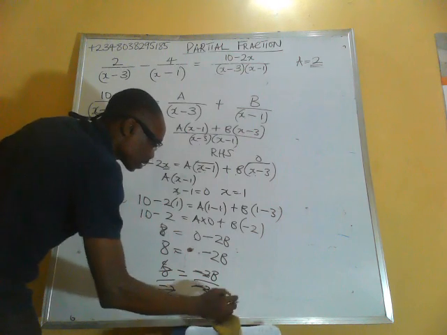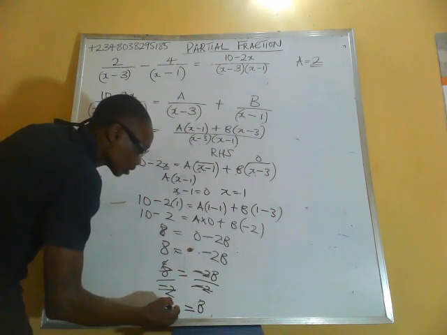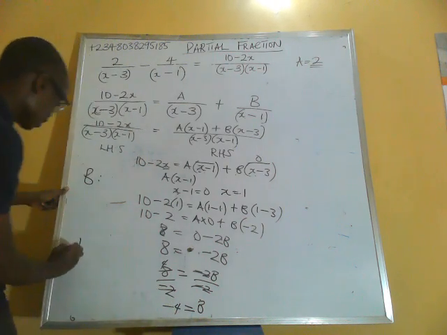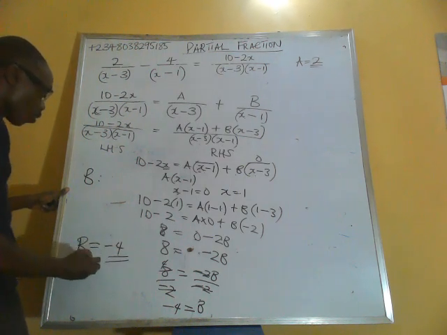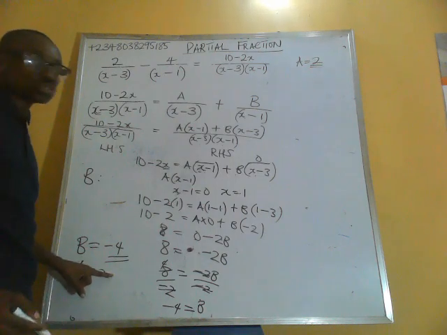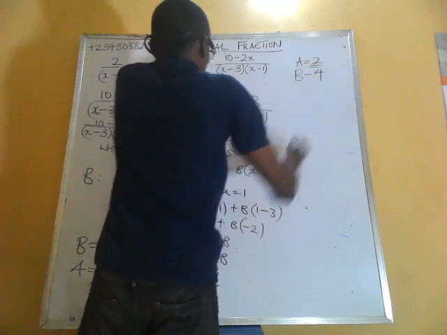So b is equals to minus 4. So your b, we've solved your b as equals to minus 4. So originally our a, we got a equals to 2. Our b is what? Minus 4.